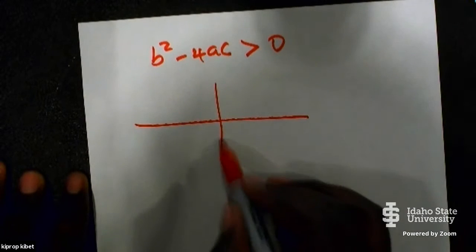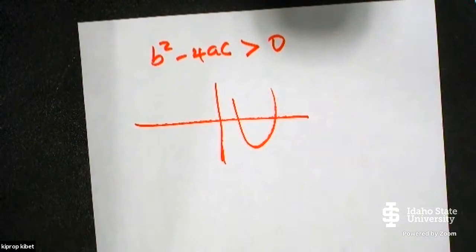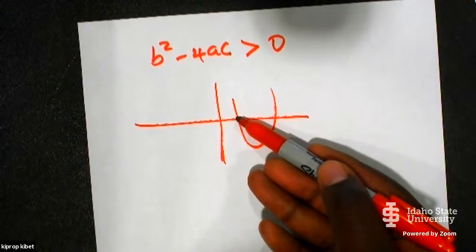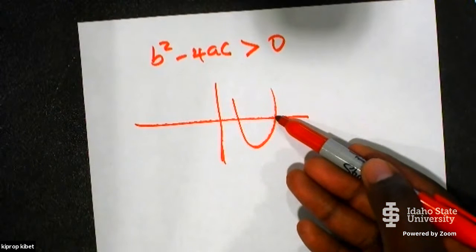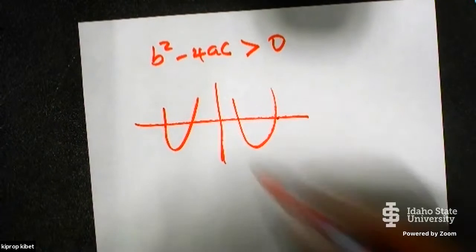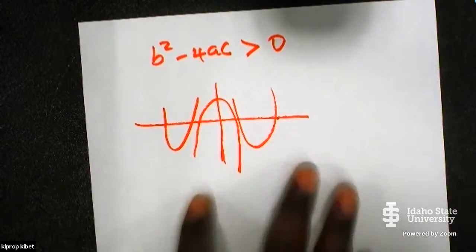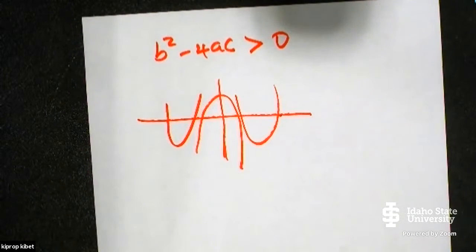So our parabola will now be of, let's say, that form, okay? Because we have 2 x values, this one and that one. Or it will be anywhere here, or it will be like that, okay? Because we have how many points? 2 x values.